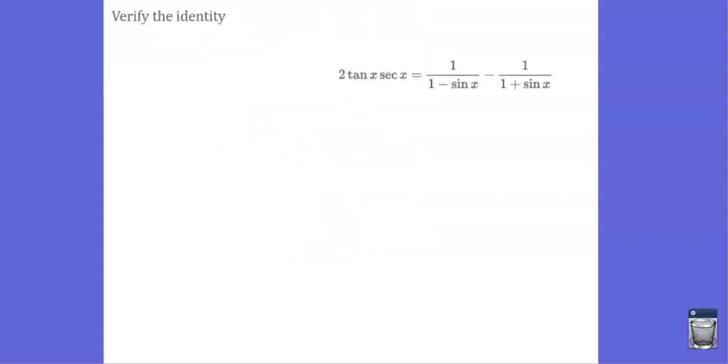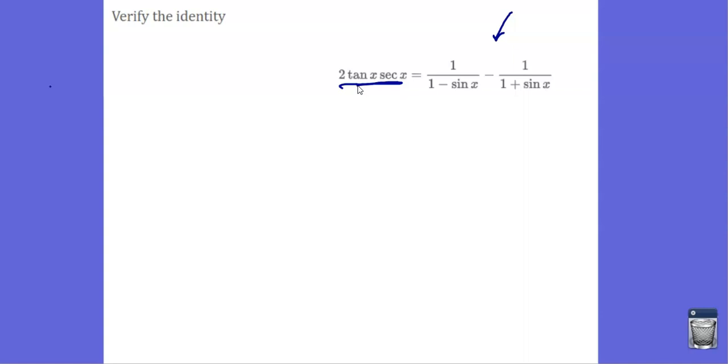So to verify this identity, all right, you have to start with the left side or the right side and then prove it equals the other side. Typically you start with the more complicated side. So I would say that this is the more complicated side. So we're going to start with that side, and we're going to try to prove that it equals that. So let's start with this, two fractions trying to add together. What do you have to do? You have to get a common denominator.